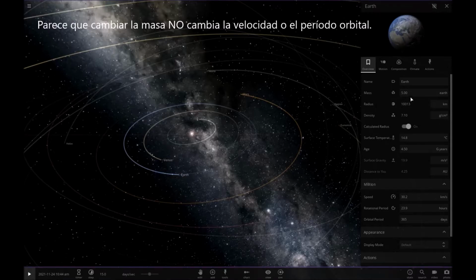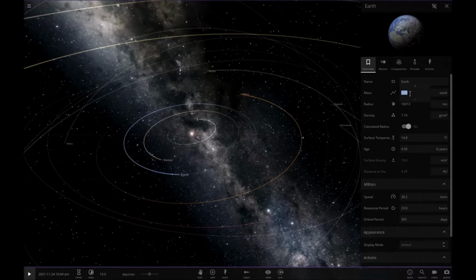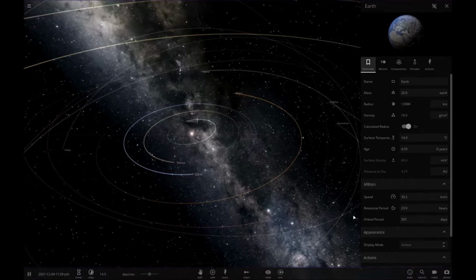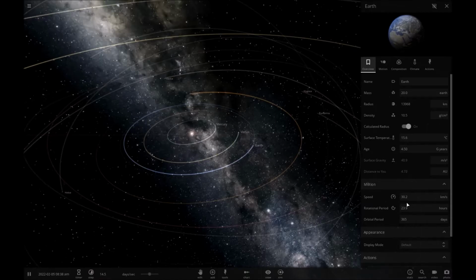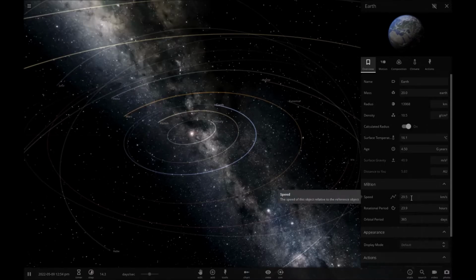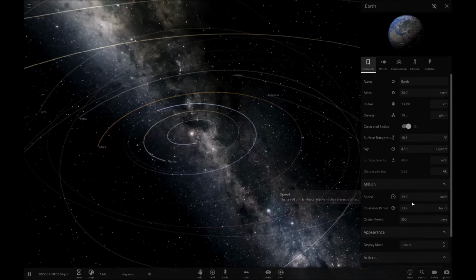Well, let's go a little bit crazier. Let's make it 20 times bigger. Let's see what happens there. So at 20 times bigger, 20 times heavier, what's our velocity going to do? It's still down to 29.4, 29.3. Orbital period is still 365.